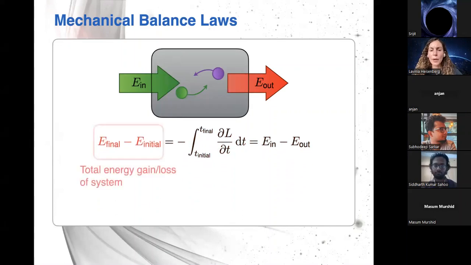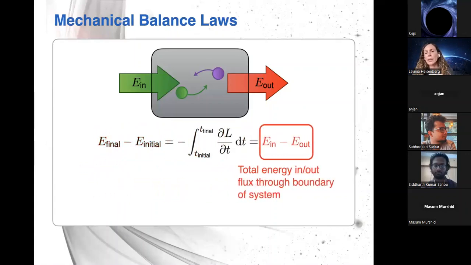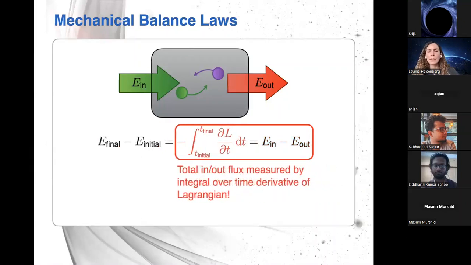On the left-hand side, you have the total energy gain and loss of the system. And on the right-hand side, you have the total energy in-out flux through the boundary of the system. And this total energy in-out flux is measured by the integral over the time derivative of the Lagrangian.